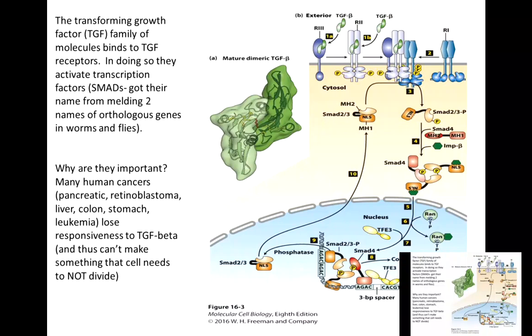And so knowing the particulars about how it tells a cell do or don't divide will be important for understanding how cancer develops. There are lots of terms associated with these pathways, and eventually you're going to see that they have a lot of things in common. Hopefully you're starting to see that already, like receptor dimerization and so on.